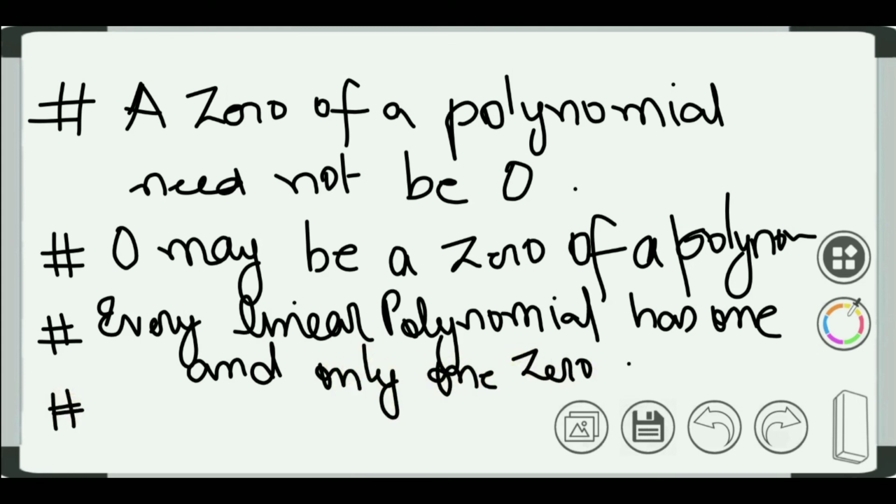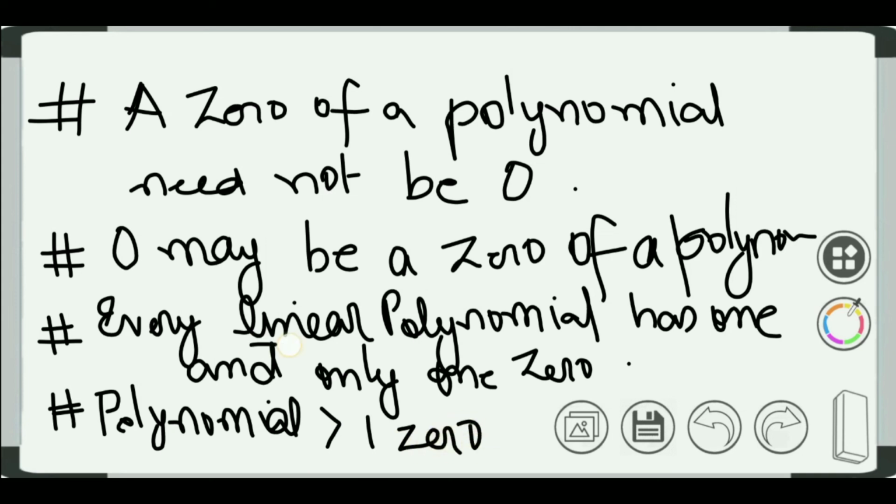Finally, a polynomial can have more than one zero. Okay, a normal polynomial can have more than one zero, but a linear polynomial will only have how many zeros? Only one zero. A normal polynomial can have more than one zero.